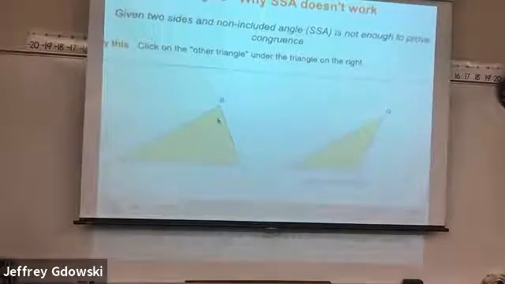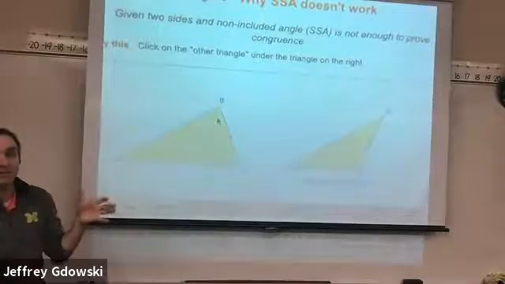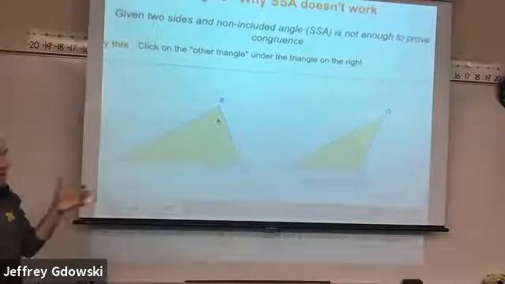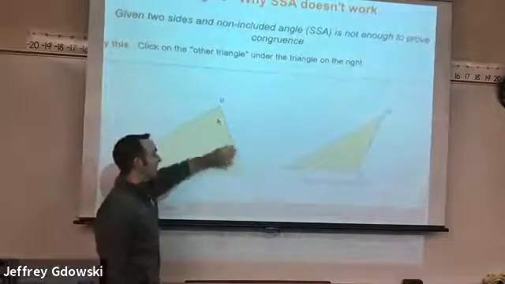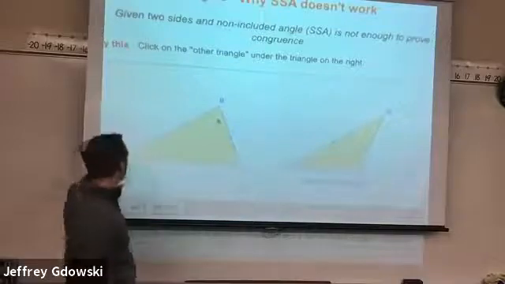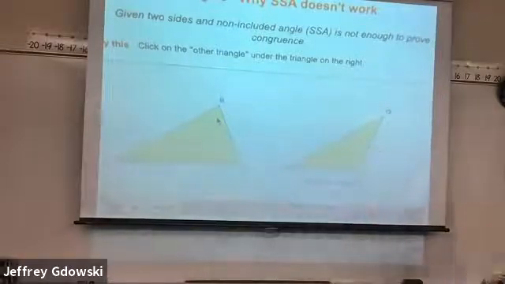That side-side-angle combination does not lock the triangle into place. It's not enough to prove that the triangles have to be the same. That's why we have to know another angle, or we have to know the included angle, not one of the non-included angles. So that doesn't work.